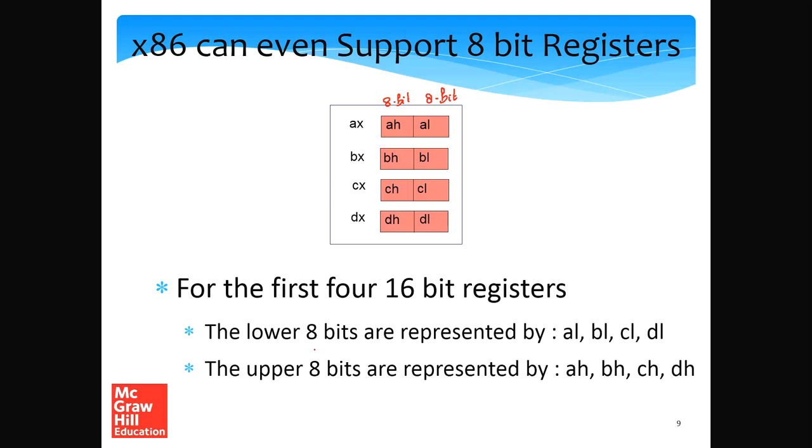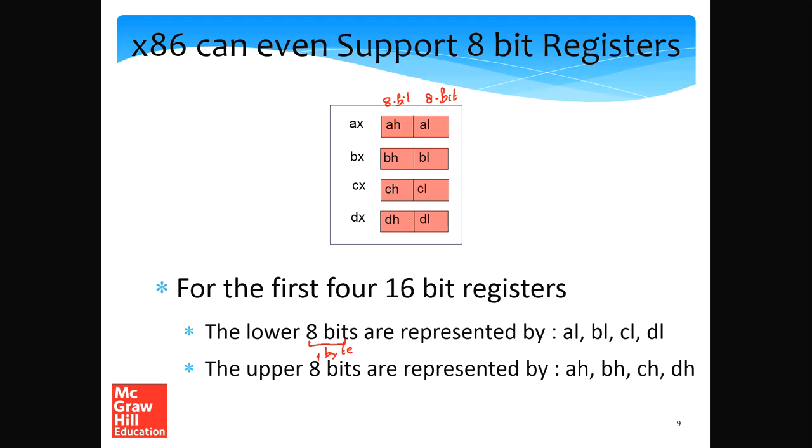So here the lower 8 bits, or the lower 1 byte, is represented by AL, BL, CL and DL, L for lower. Similarly, the upper 8 bits, or byte, is represented by AH, BH, CH and DH. So in this case, the idea is the same.